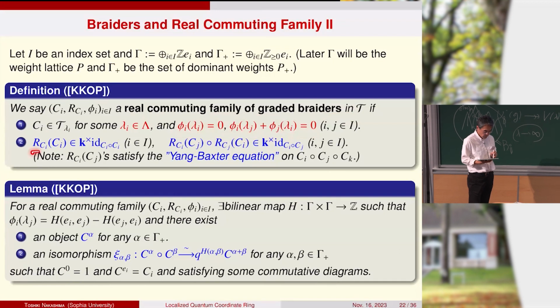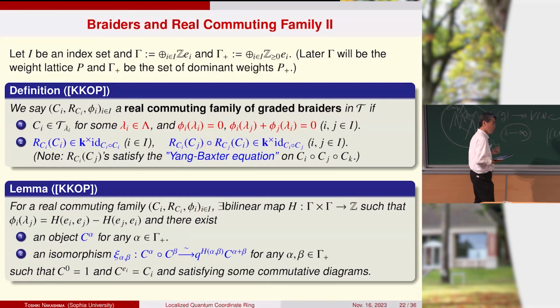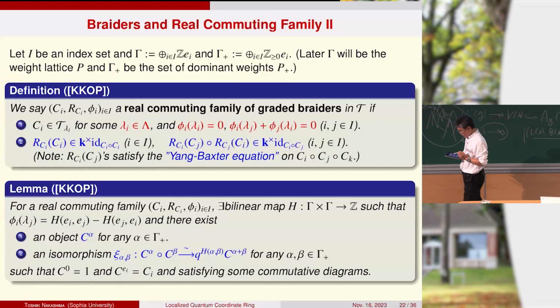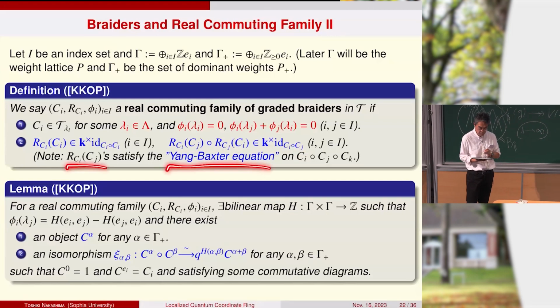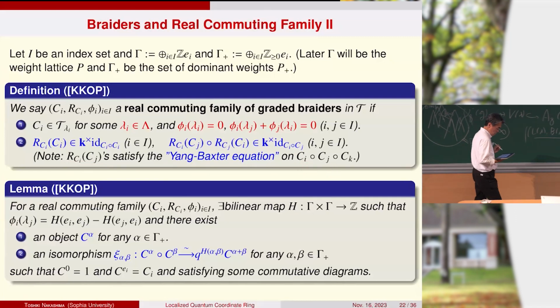And the important point is that this one is a scalar, and this is composition, not convolution product. This is composition as a map. This is also a scalar. Then of course this satisfies the Yang-Baxter equations on C_i, C_j, C_k. Okay.